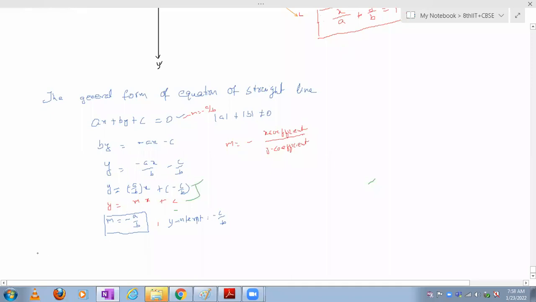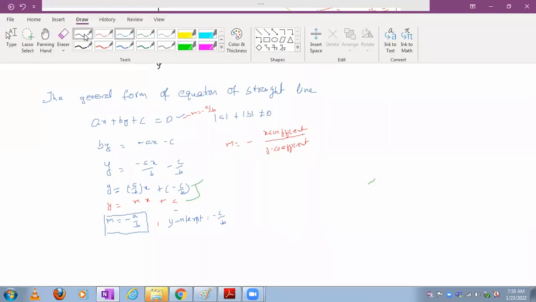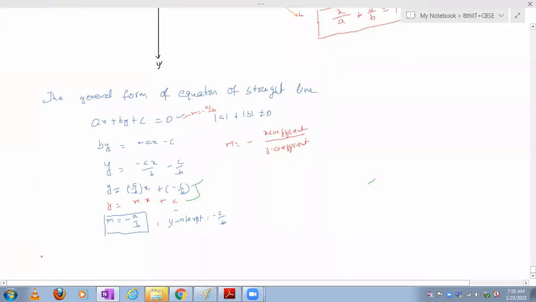Now, first, one thing I want to say. The equation of straight line parallel to ax plus by plus c is equal to 0 and passing through x1 comma y1.